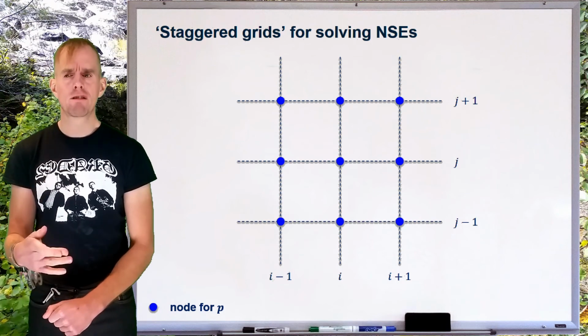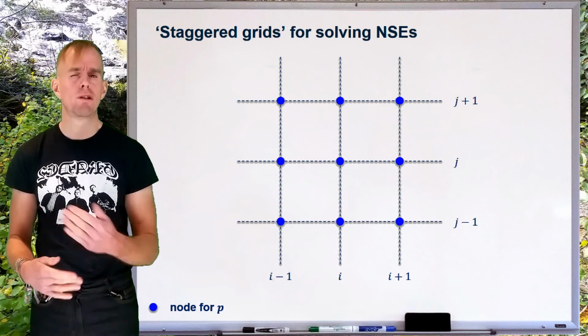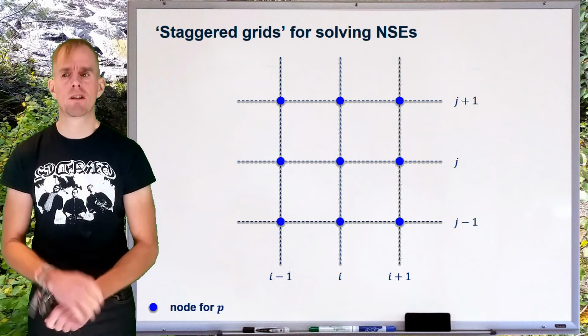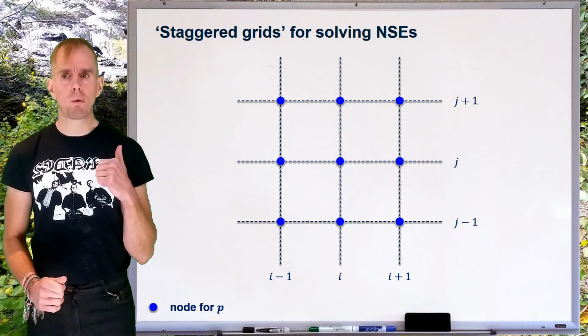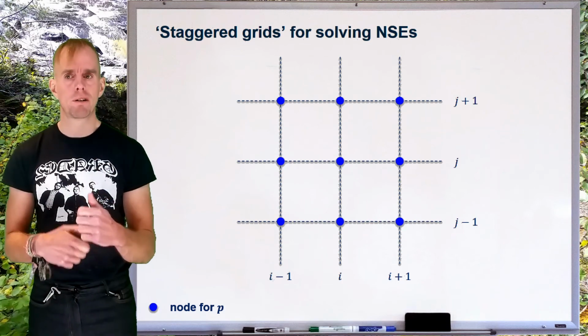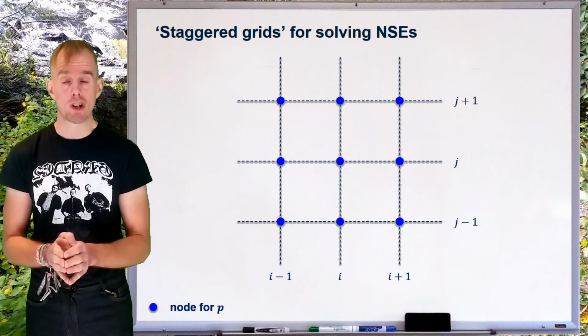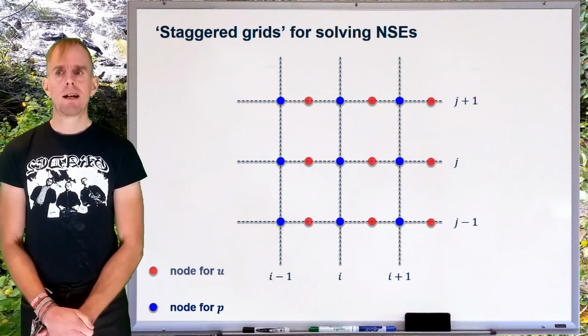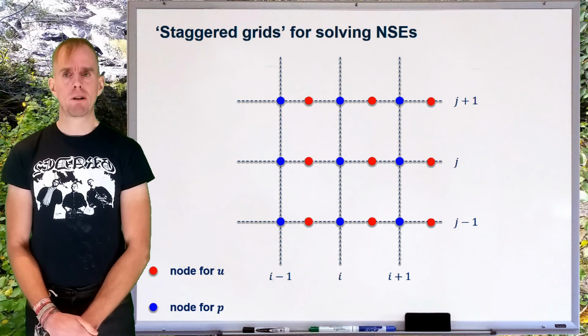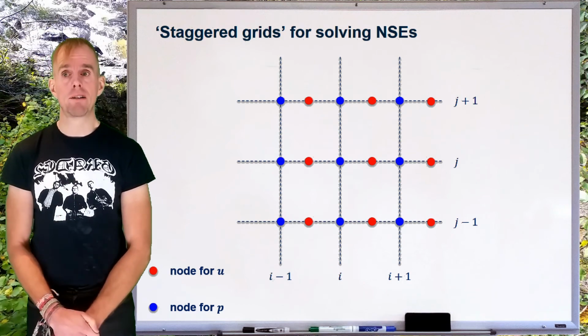Now, as we'll see later on, we actually evaluate pressure using the continuity equation, but we'll deal with that subtlety later. But at each whole number, i, j, i plus 1, j, and so on and so forth, we evaluate pressure.